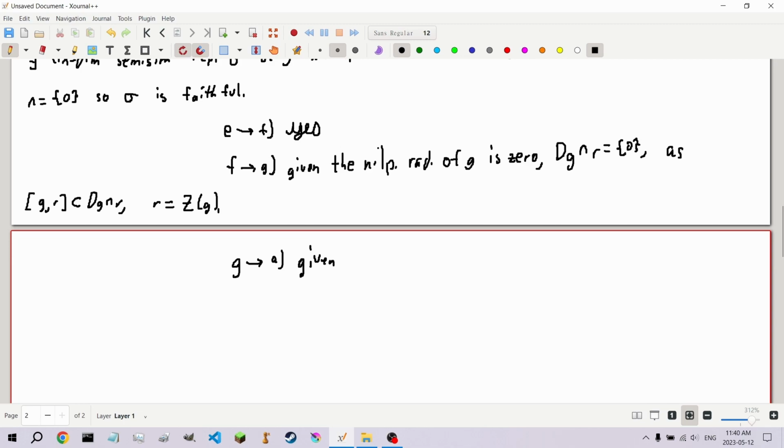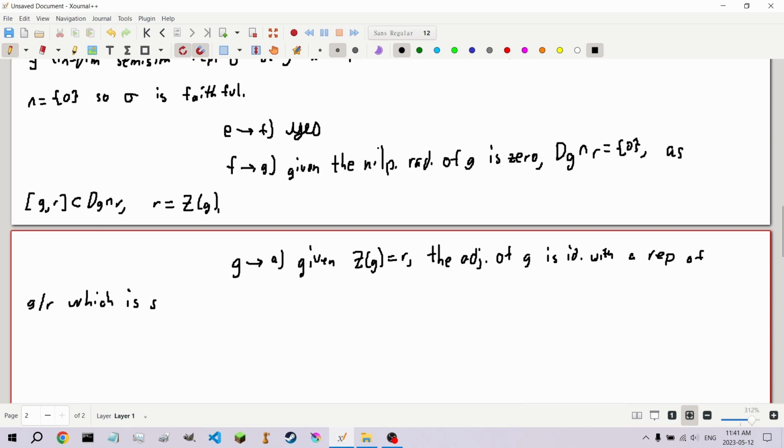Given that the center of G is equal to R, the adjoint representation of G is identified with a representation of G divided by R, which is itself going to be semisimple.